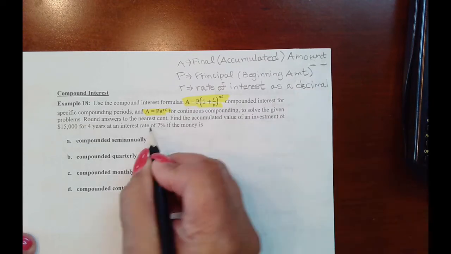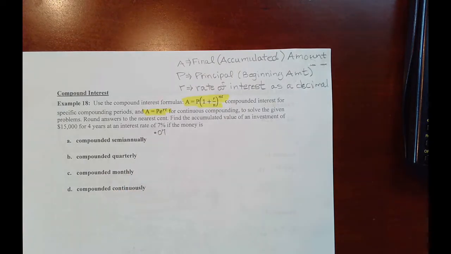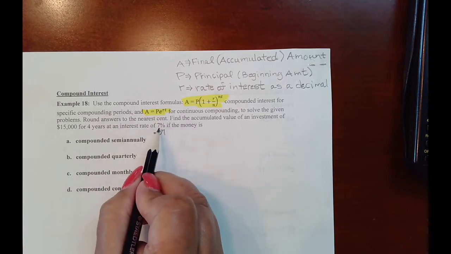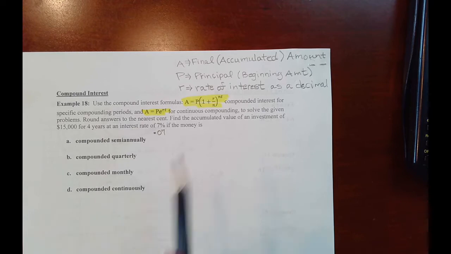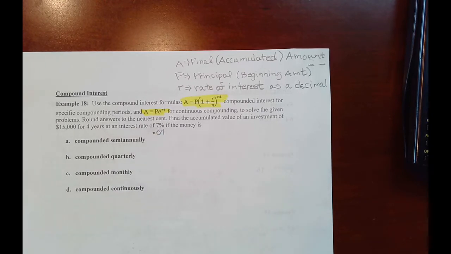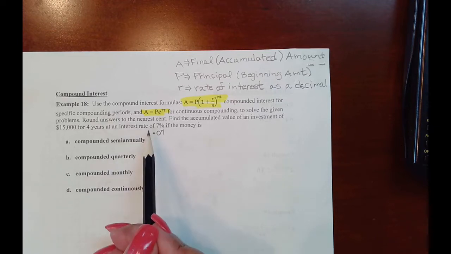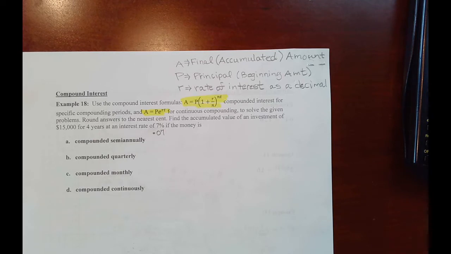So in this particular problem, we'd be using 0.07. When you're converting a percentage to a decimal, think of the decimal being at the end, slide it 2 places to the left. That's the same thing as going 7 divided by 100, because that is what percent means. Parts out of 100. This is 7 parts out of 100, or 7 divided by 100, 0.07.